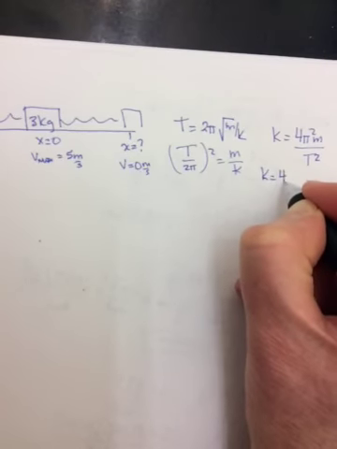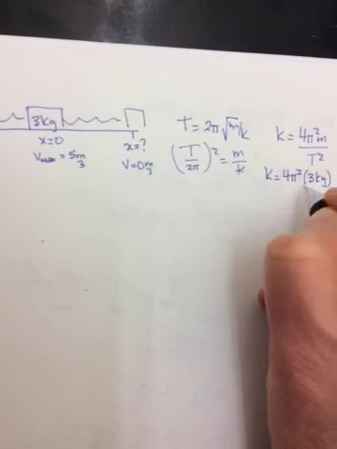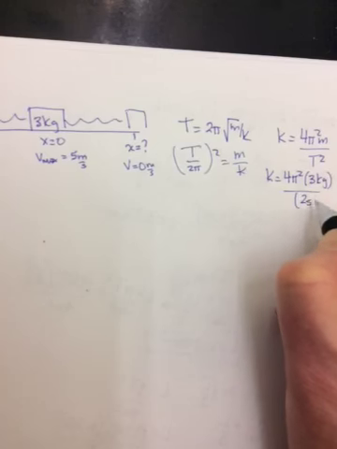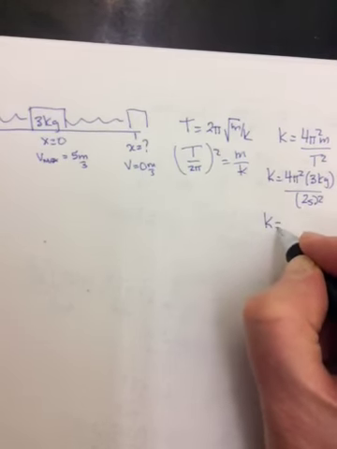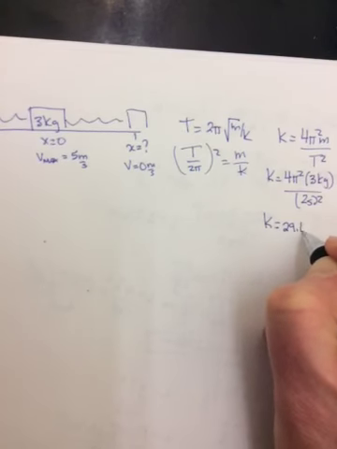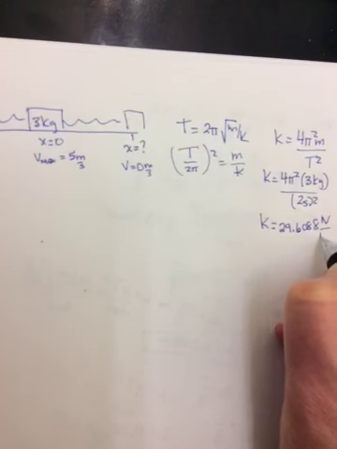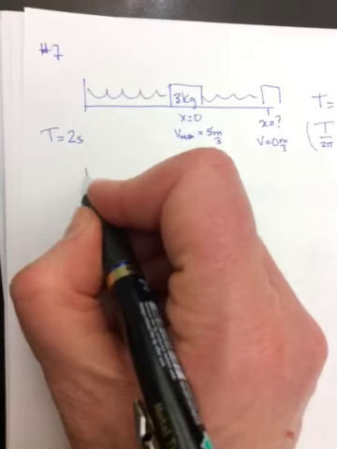So k is equal to 4 pi squared, m was 3 kilograms, and T squared was 2 seconds squared. 4 cancels, so 12 pi squared, 29.6088 newtons per meter.